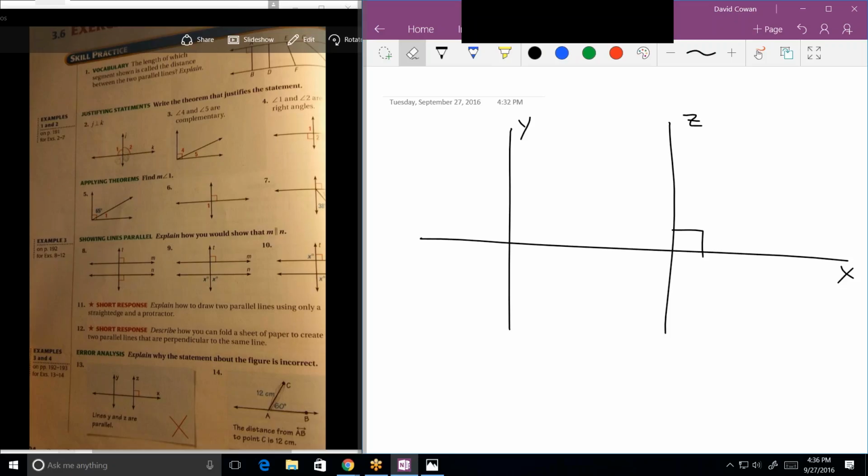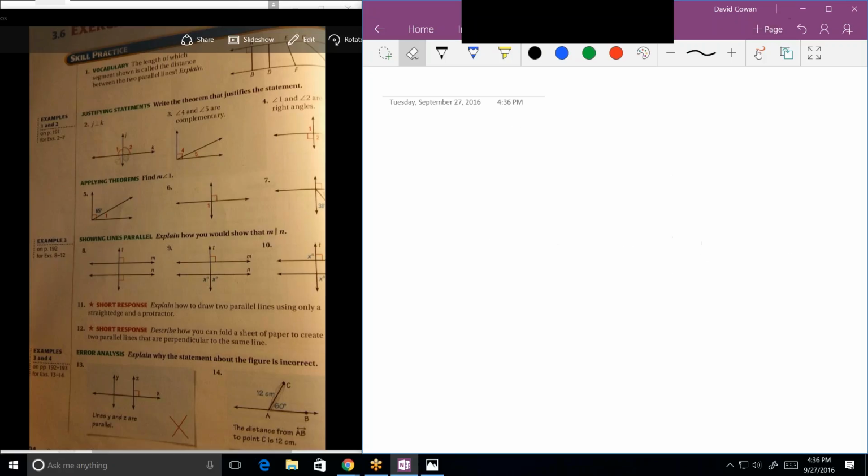Okay, the distance from AB to point C is 12 centimeters. No, that is false because AC is not 90 degrees. It is not perpendicular to AB. It is 60 degrees. So therefore, it cannot be the shortest distance.